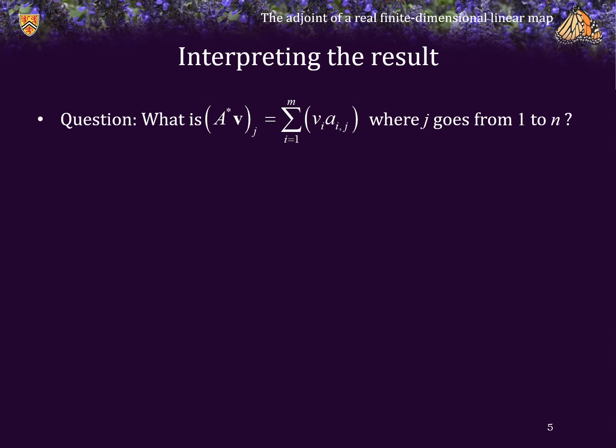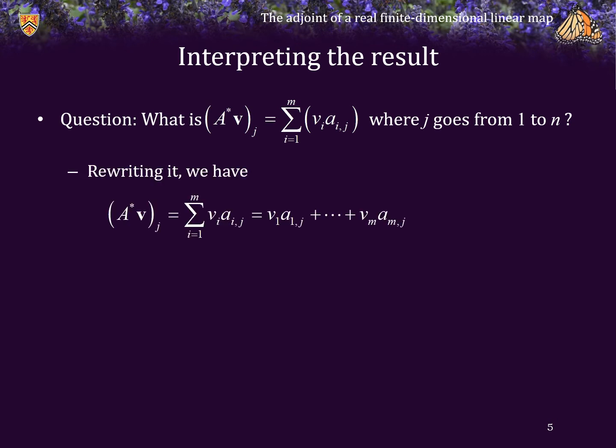So what is this jth entry of the adjoint times v, which is equal to this sum? Now j here can go from 1 to n, as the adjoint times v must be n-dimensional, as we're taking an inner product of an n-dimensional vector and the n-dimensional vector u.